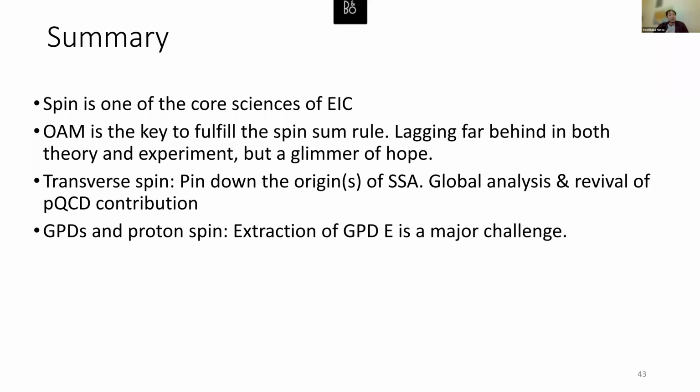And transverse spin is the main objective: single spin asymmetry, and what is the origin of the single spin asymmetry. I talked about the global analysis and also the new mechanism. Well, it's not new, but it's a perturbative QCD mechanism, which is a revival of the perturbative QCD contribution, and also talked about the GPD and the associated challenges. Okay, so thank you very much. That's all.